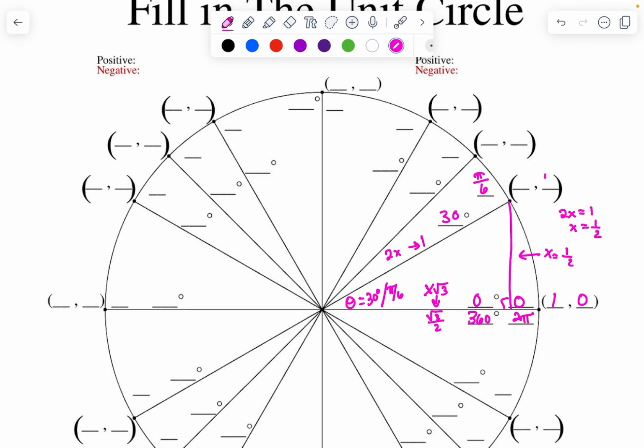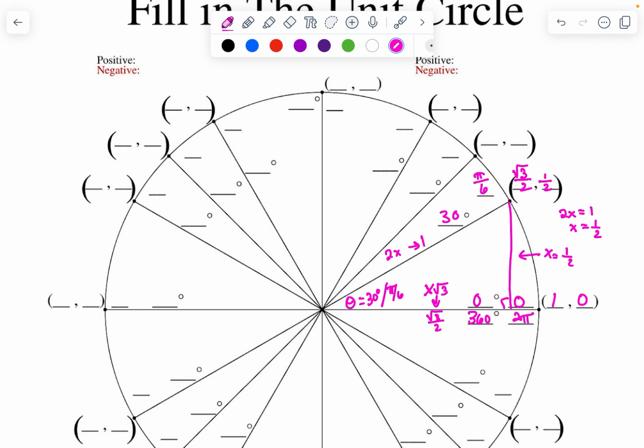And that's going to be the y-coordinate of this point, because that's this height right here. And then this is the x-coordinate. That would be cosine of theta, adjacent over hypotenuse. So square root of 3 over 2 over 1 would just be square root of 3 over 2.